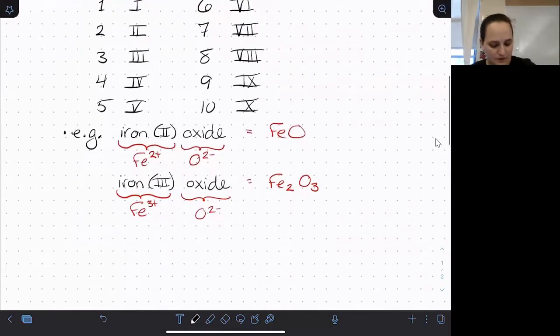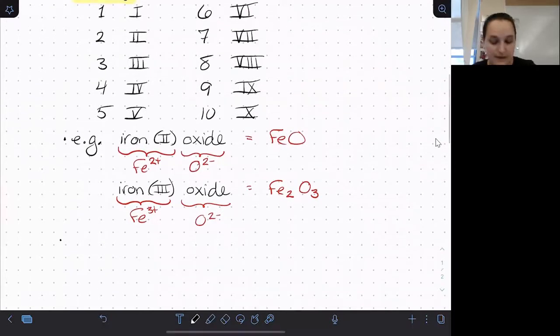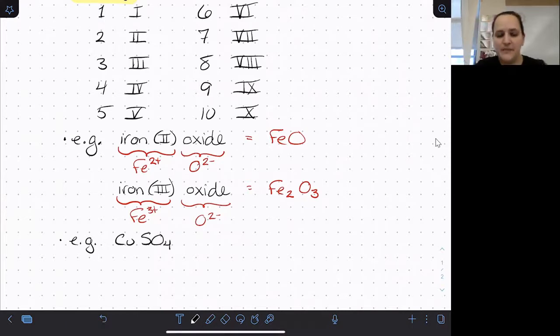If we want to come up with the name, if we're given a formula that we need to produce a name for, we need to figure out what the charge is to determine what Roman numeral we should include. So for instance, let's do CuSO4. So for this one, we've got a polyatomic ion involved.